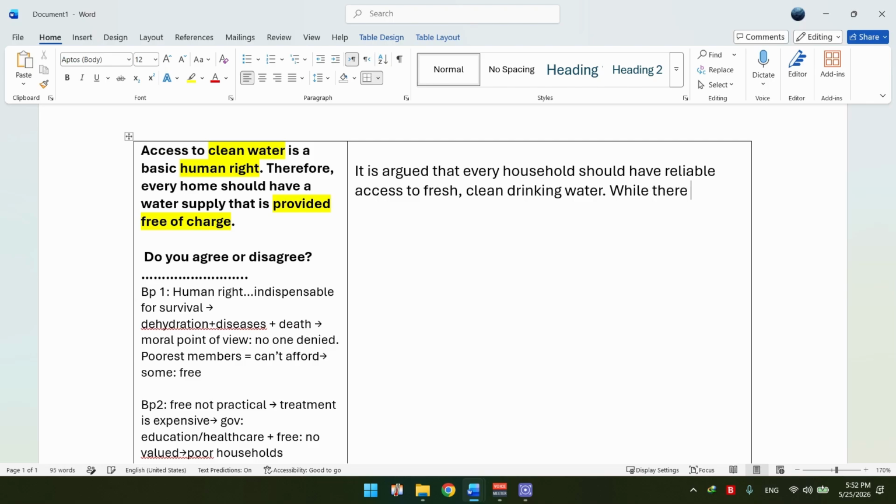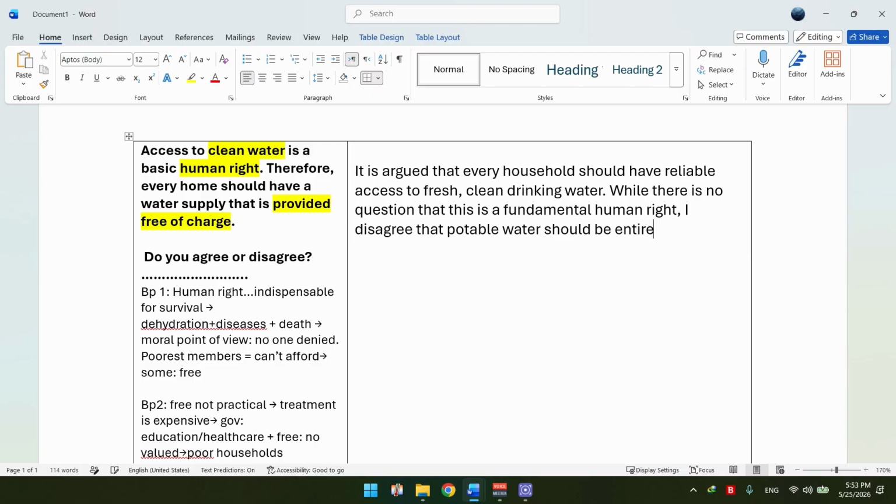While there is no question that this is a fundamental human right, I disagree that potable water should be entirely free.